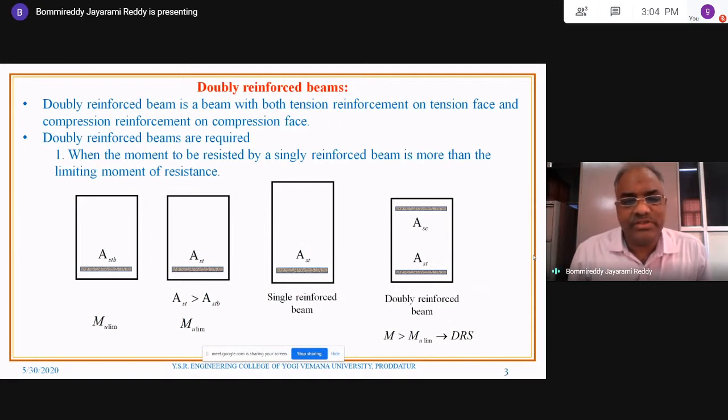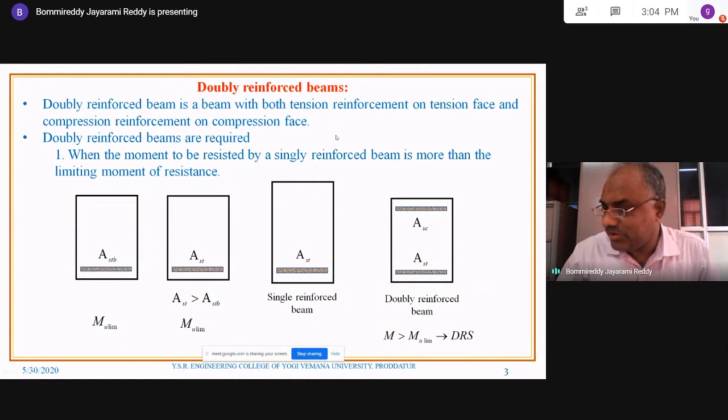Because of that reason, to increase the moment carrying capacity of the section, we provide compression reinforcement on the compression face of the section, so that the compressive resistance is by means of the compression steel reinforcement and the compression zone of concrete. So to increase the moment carrying capacity, we go for compressive reinforcement in addition to the normal tensile reinforcement. That is the major purpose of providing it.